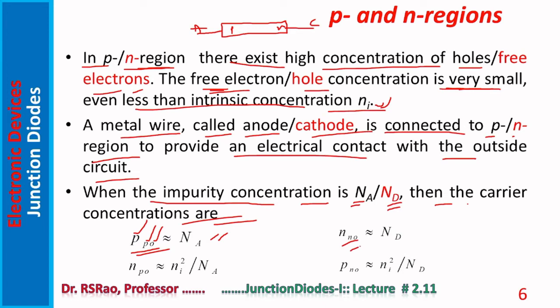Nn0 means electron concentration on the N side under thermal equilibrium condition. It is Nd. Np0 means electron concentration on the P side under thermal equilibrium condition. It is approximately equal to Ni squared by Na, where Ni means intrinsic carrier concentration. Pn0 is approximately equal to Ni squared by Nd. These relations are derived using the mass action law.